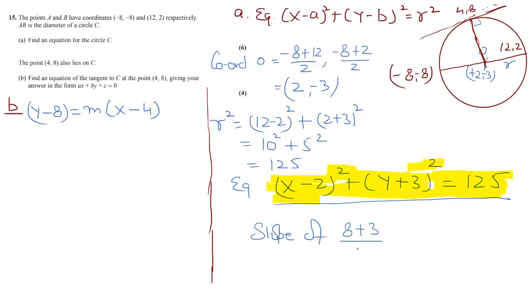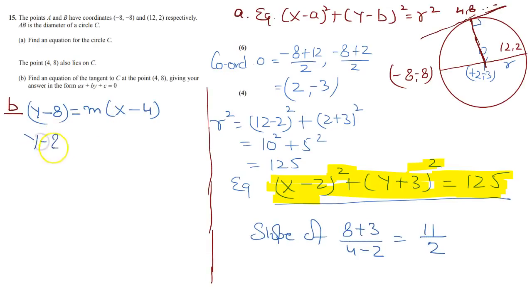over x2 minus x1. y2 is 8 minus y1 3, over x2 4 minus x1 2. So this is 11 over 2. So slope of perpendicular line will be minus 2 over 11.